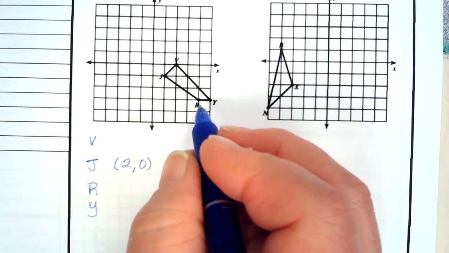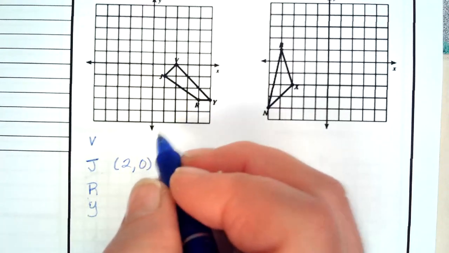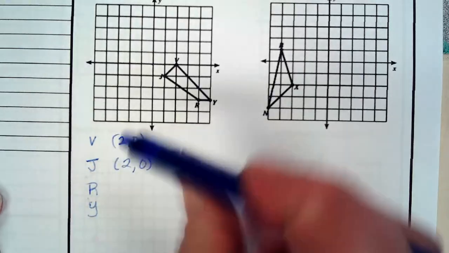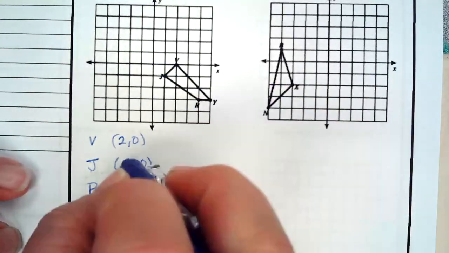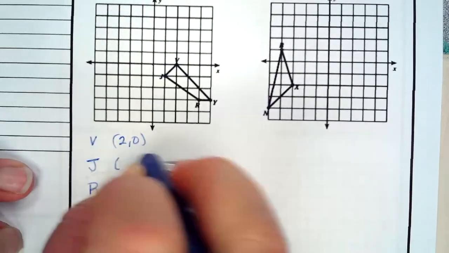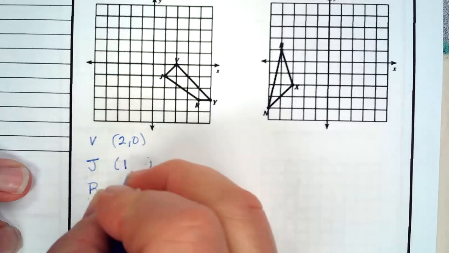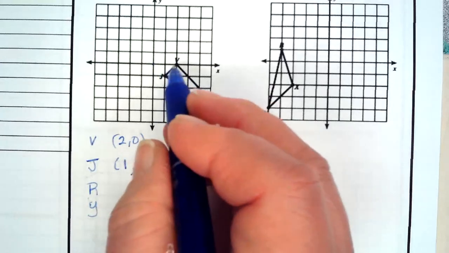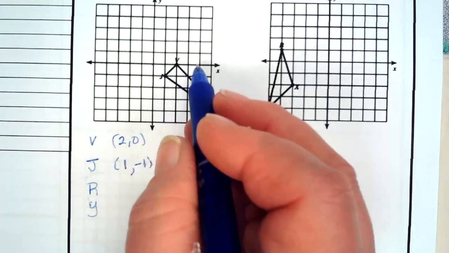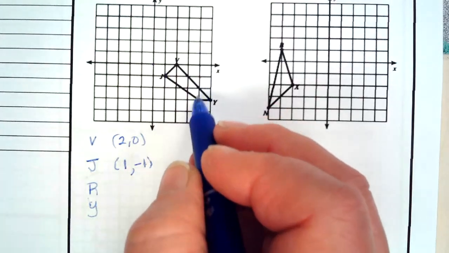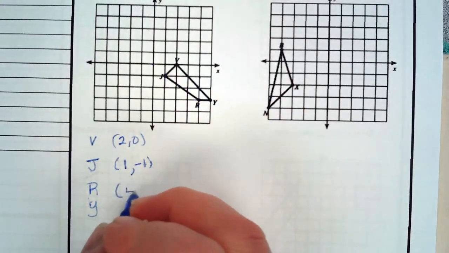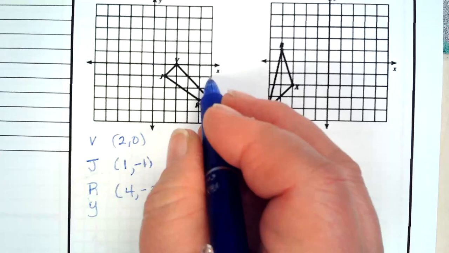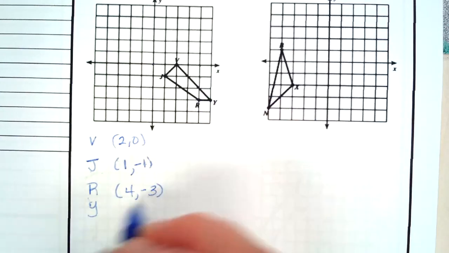J is 1, -1. R is 1, 2, 3, 4, -1, 2, 3. And finally, 5, -1, 2, 3.